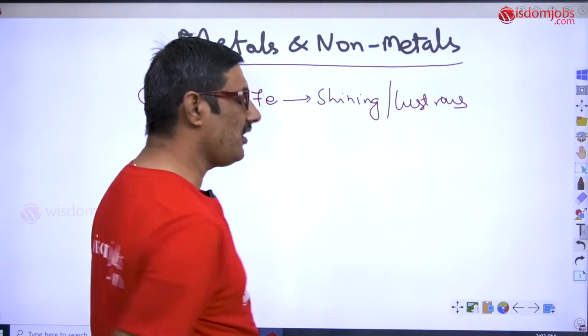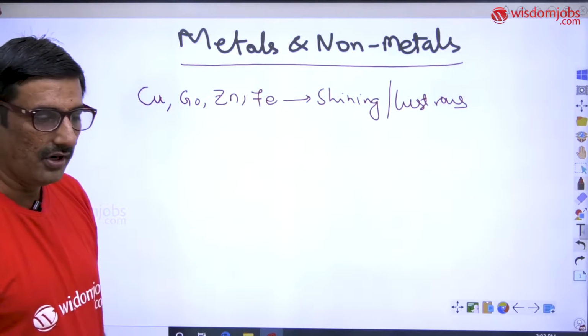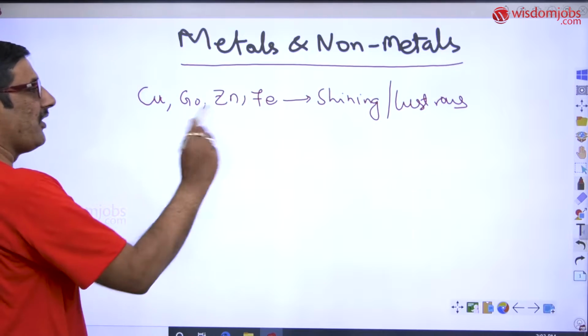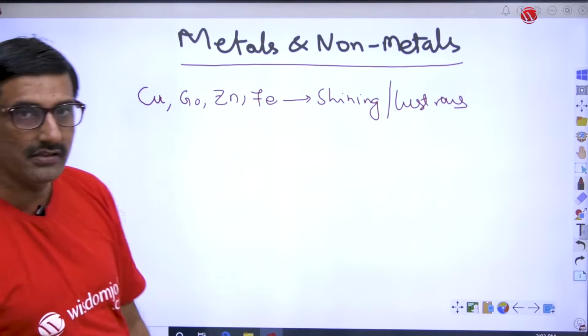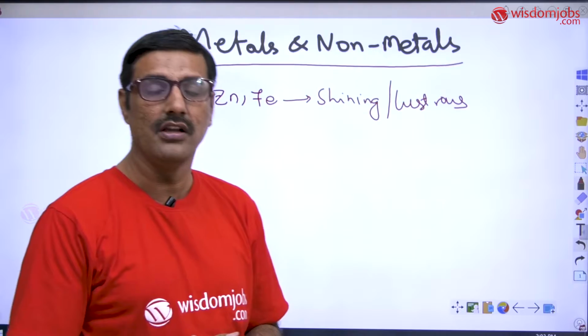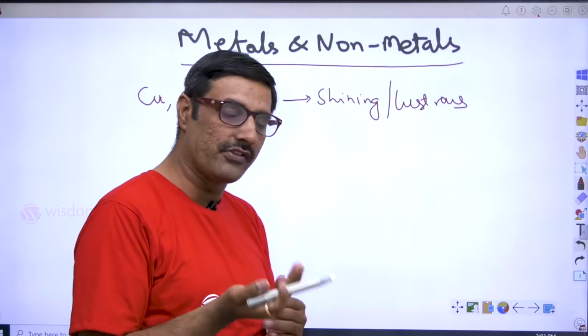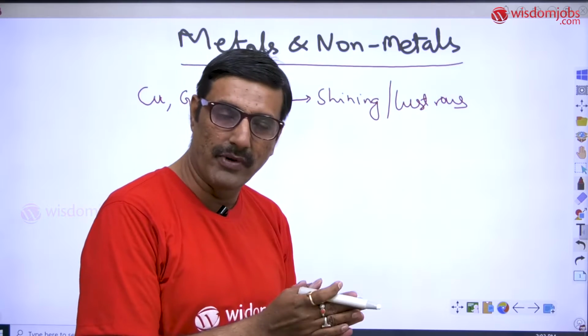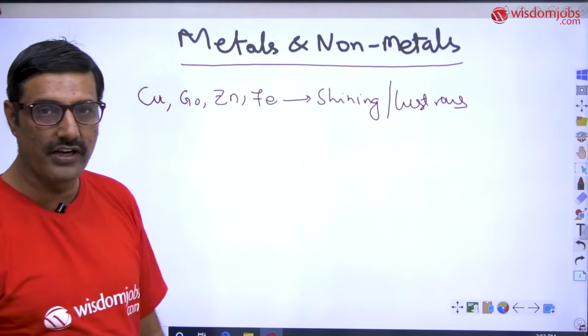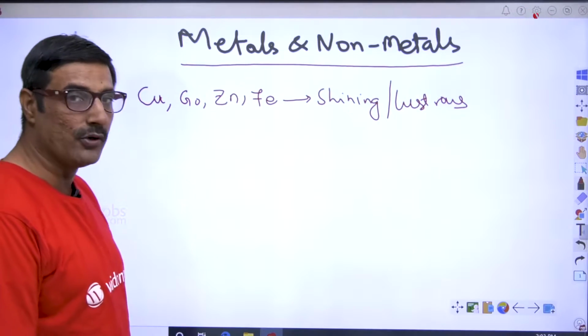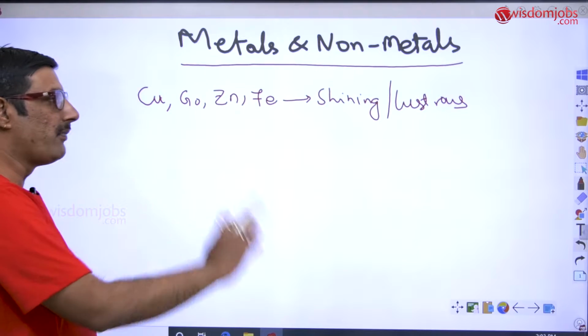In their native, original state they will be shining, but due to reaction with oxygen or other non-metals, they form their respective oxides or other compounds, and they might lose their shining or their perfect color.